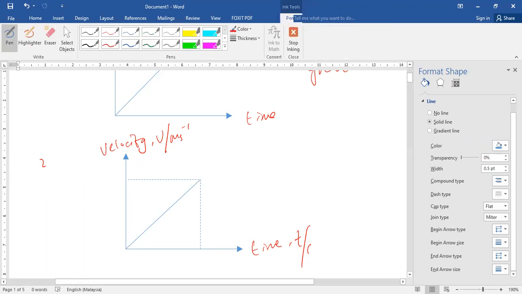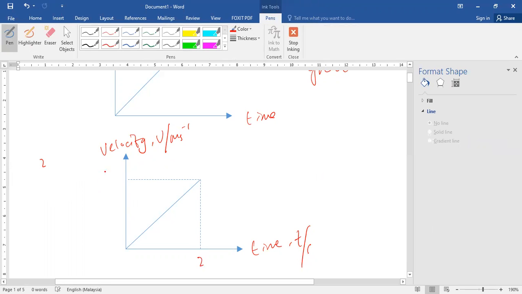The question told us that in 2 seconds, this object reached 3.2 m/s, right? So from here, what do we want to find? Acceleration. If we find the acceleration a, it will be the gradient, right?